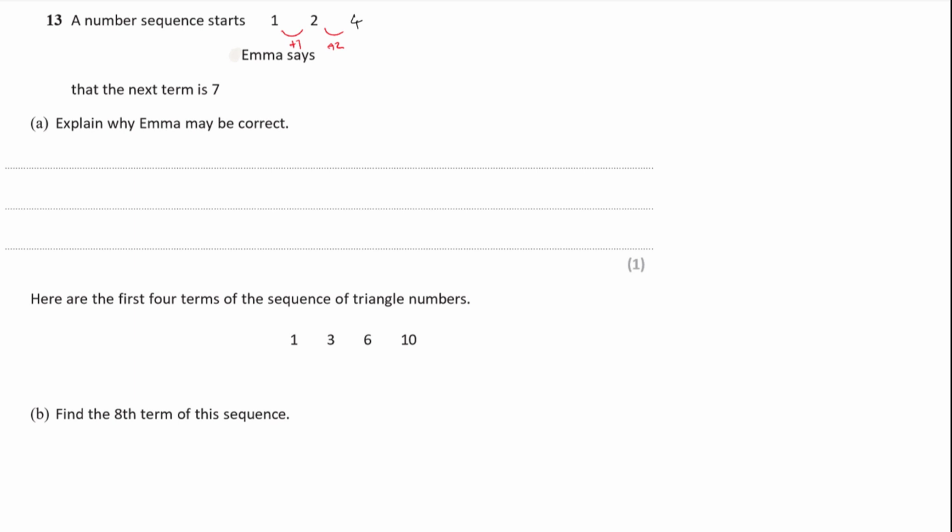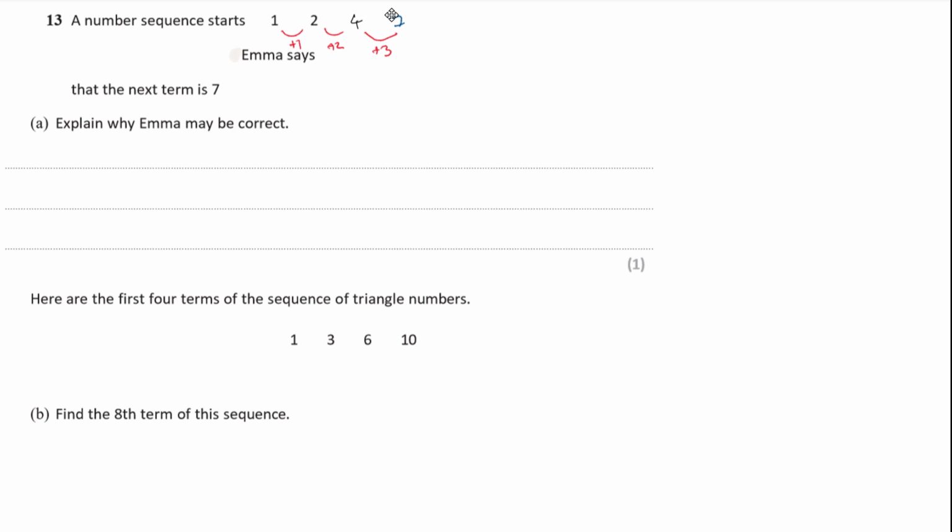So the first term to the second is add 1, and the second term to the third term is add 2. So you could see that Emma might be thinking that the next difference might be add 3, which takes me to 7. Okay? So she could be right, couldn't she? So explain why Emma may be correct.